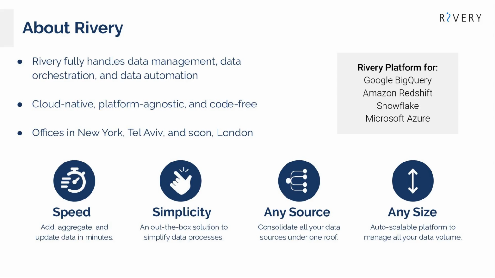A number of out-of-the-box solutions allow data teams to easily streamline data sources and insights in the cloud. With automated features and plug-and-play options, teams can be set up and running in a matter of clicks. Hopefully that provides a brief introduction to Rivery as a platform and how we help companies find success with their data. At this point, I'd like to hand it over to Taylor to begin our main discussion for today.